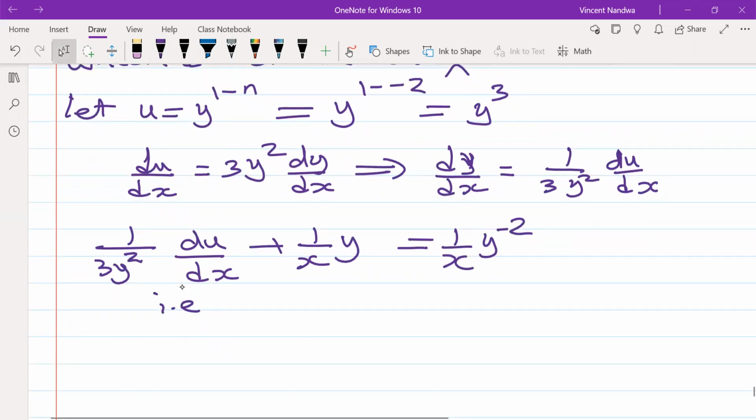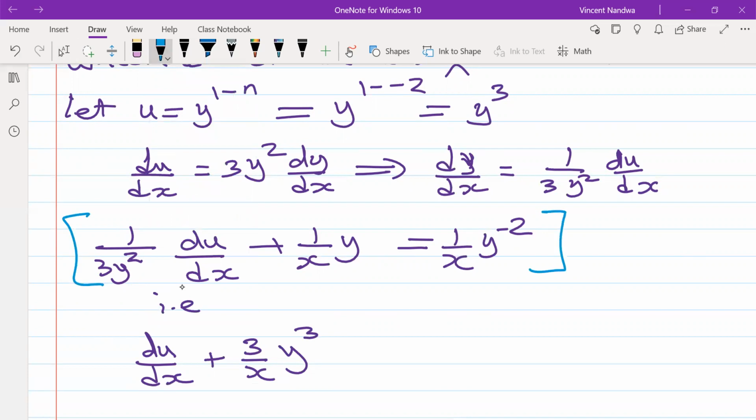So when we multiply through by the reciprocal of this coefficient of du dx, we get du dx plus 3 over x y power 3. Because remember, I'll be multiplying each term by 3 y squared over 1 equals to 1 over x because y power minus 2.